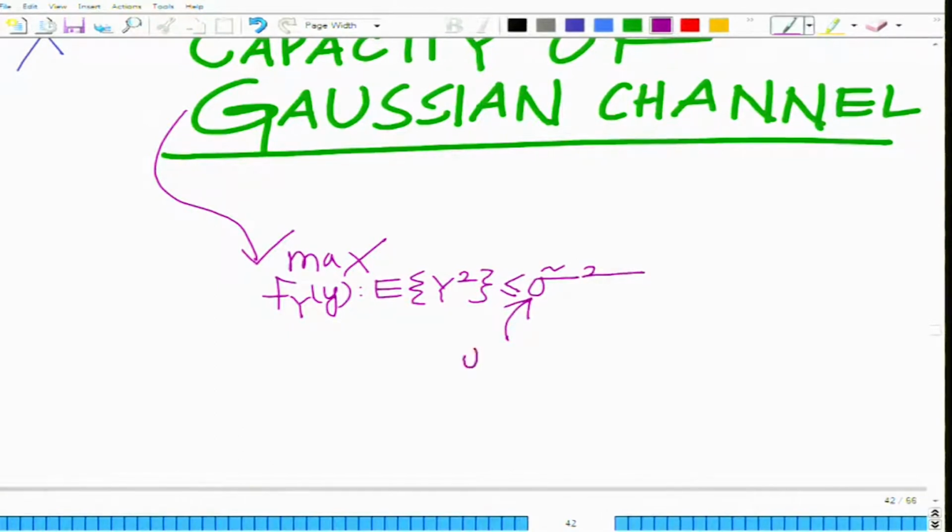By the way, this sigma tilde square is equal to the noise power sigma square plus P.